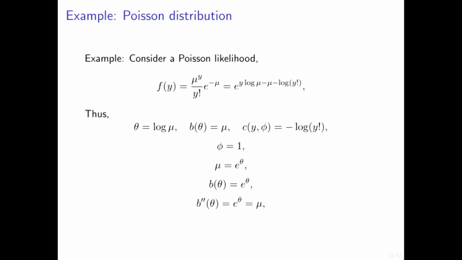So, I can do this. This is a standard exercise. You've probably done it when you took probability. But let's see if we can actually just read it off from the first derivative of b.